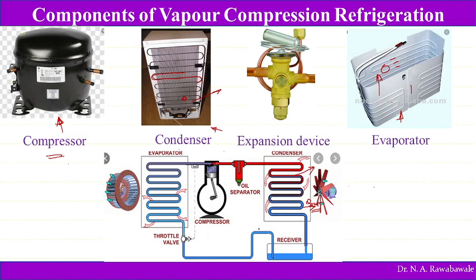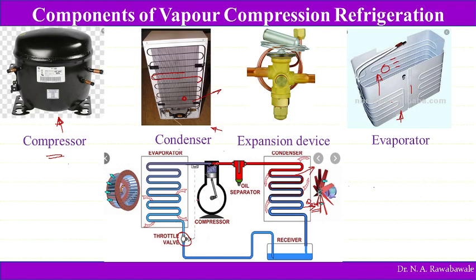This liquid refrigerant is passed into the throttling valve. In this throttling valve, the expansion takes place, and during expansion, pressure as well as temperature of the refrigerant falls, and at that time, this refrigerant, which is in the form of liquid, when it enters this evaporator, gets evaporated, and this vapor of refrigerant is then taken by the compressor.